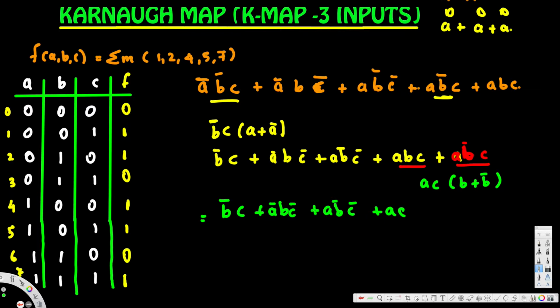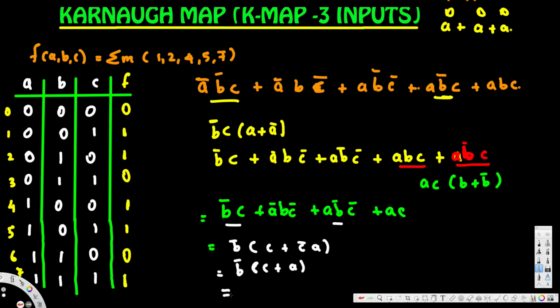Now here we have b bar. If you look at these two right here, if we take b bar common, this is going to be c plus c bar a. This one will be simplified into b bar times c plus a. So there's a Boolean algebra equation that says when we have something like this, it can be simplified as c plus a.